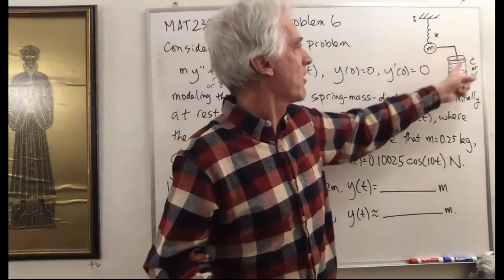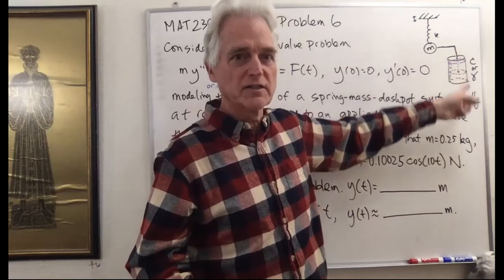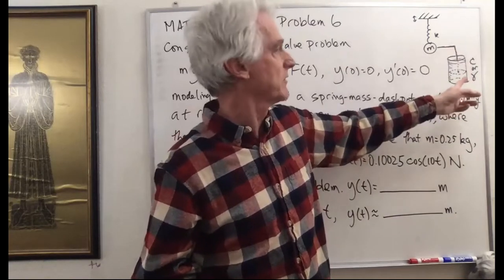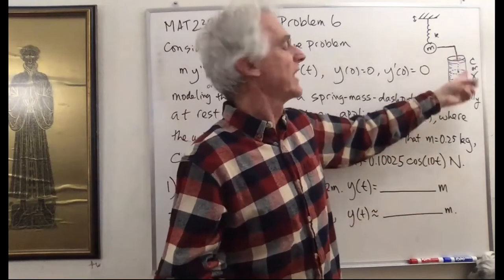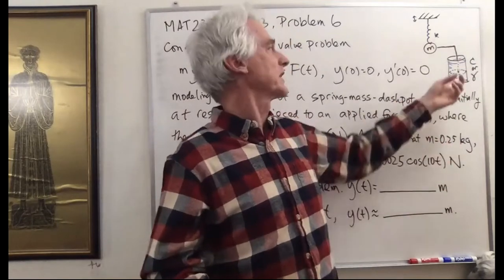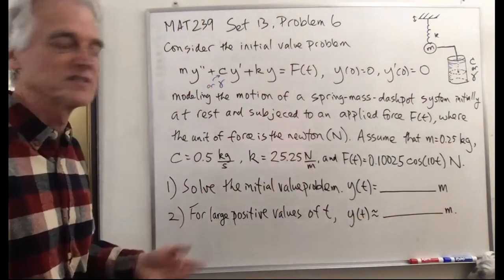So I've got this little arm coming out and this little paddle sitting in water, and as the mass goes up and down, this little paddle goes through the water. It's called a dash pot. That gives a friction here. But there's friction built into any real system.